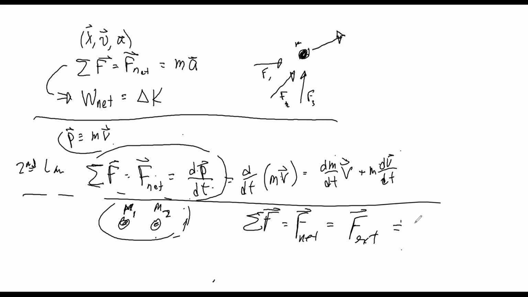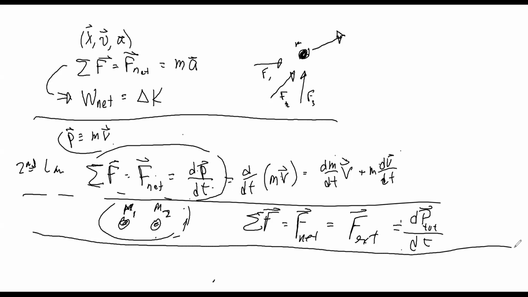So to summarize this: if the external force on a system is equal to zero, then momentum is conserved.